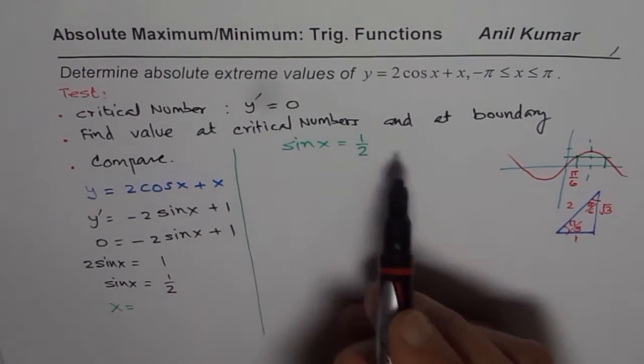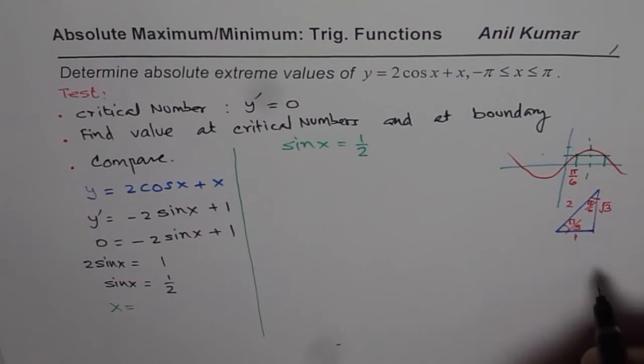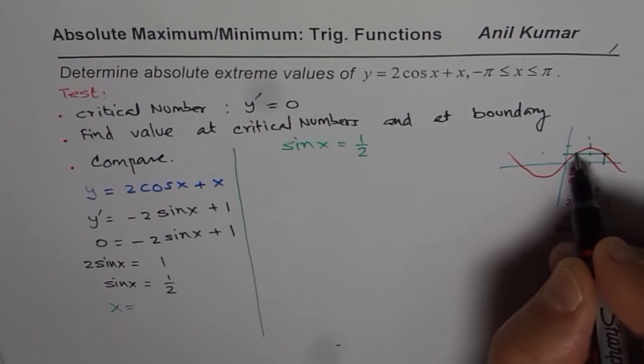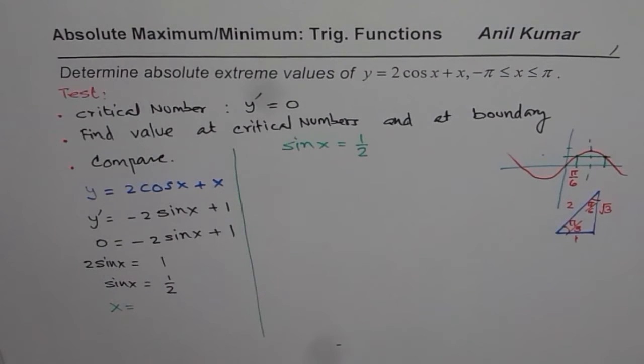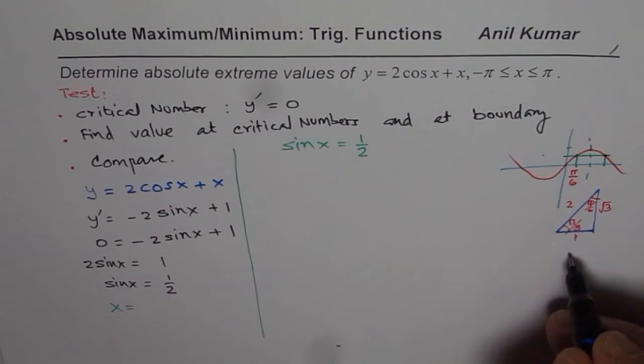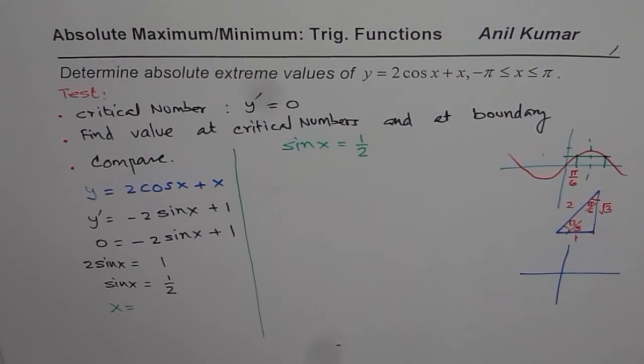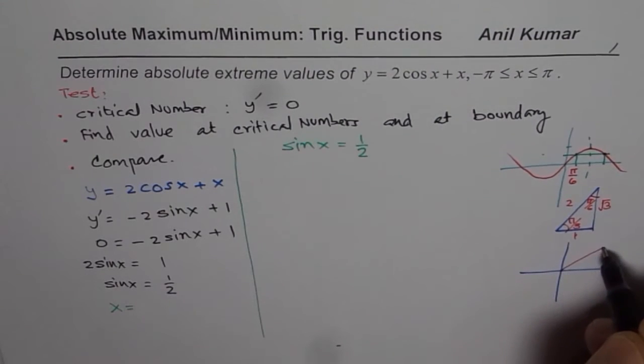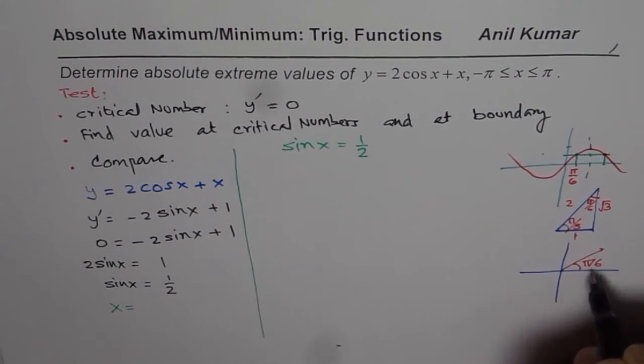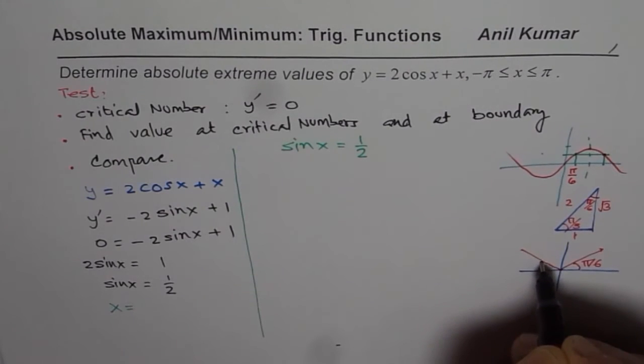Second, we know sin x is half also in the second quadrant, right? So the other value has the related acute angle pi by 6. The other angle will be this one, correct?